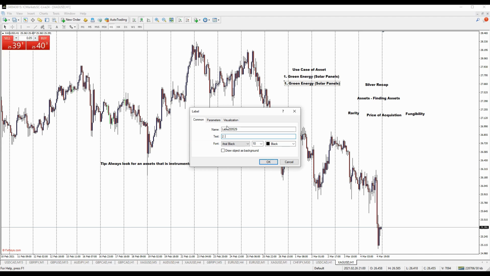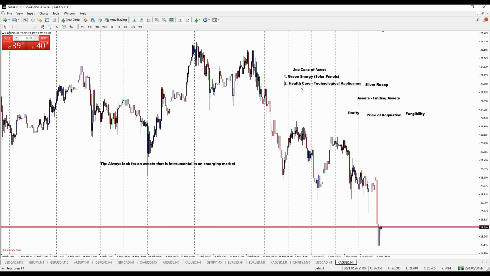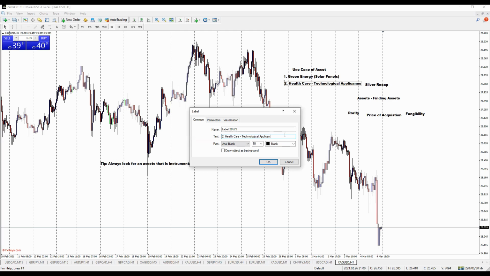Number two, healthcare. We have different types. I'm going to put in technological appliances, and then also medicines.